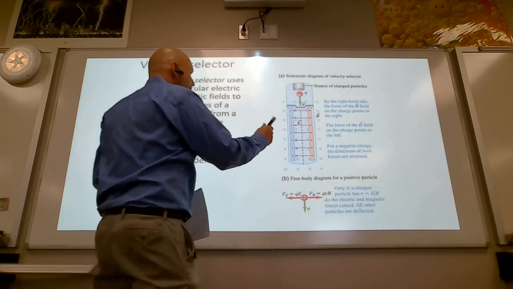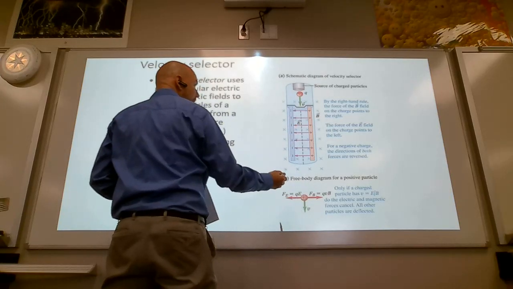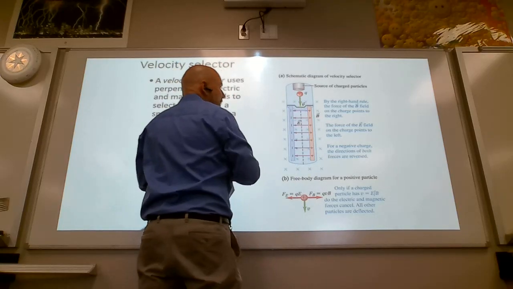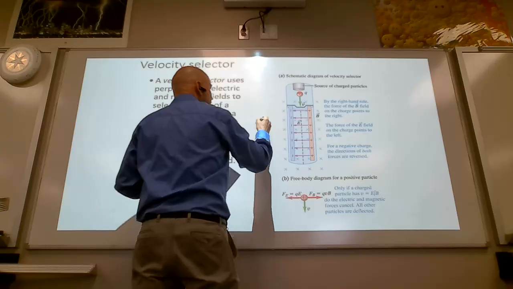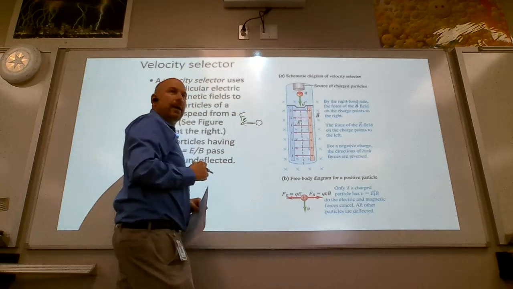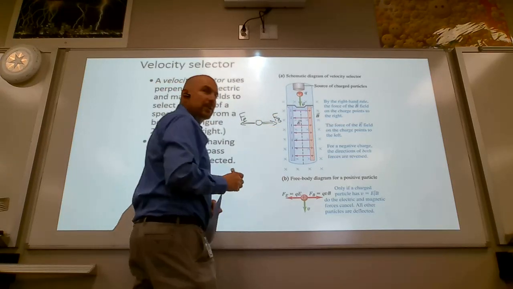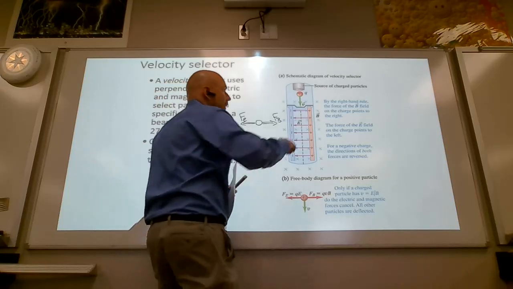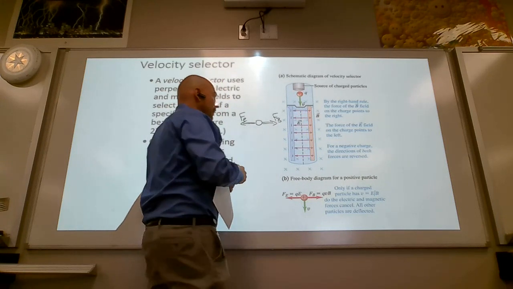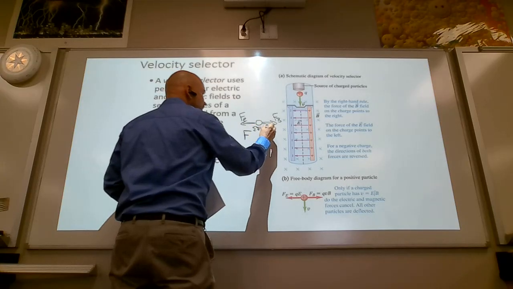So in order to get it going straight through, we know that the force, if this is positively charged, the electric force on this is going to be going to the left. In order to cancel that out, I need my magnetic force to be in opposition to that. So this is going down, it's being forced that way. These need to be equal to each other so that the sum of the forces is equal to 0.